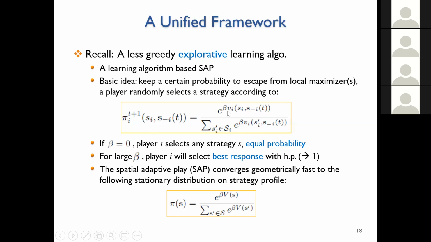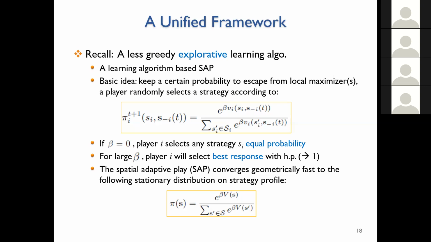You can choose a number in between. In the vocabulary earlier, we used the notion T, capital T, and T is 1 divided by beta. So you can choose a beta or the temperature T in between the two extremal cases, by fixing the value.